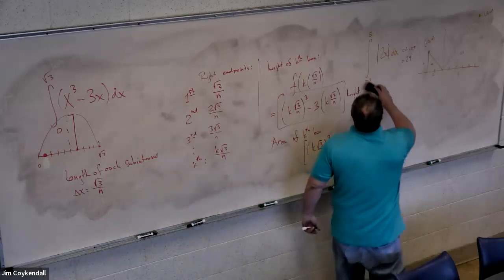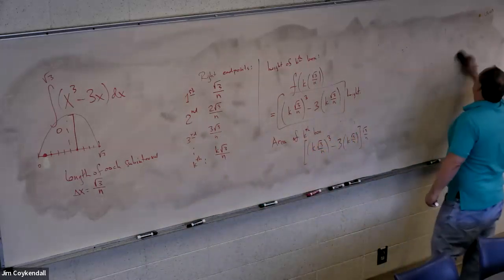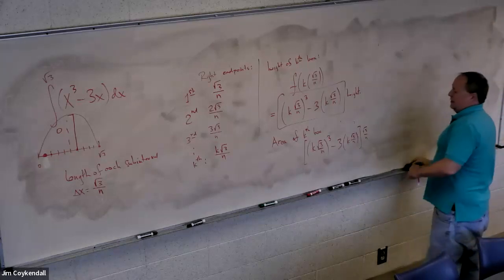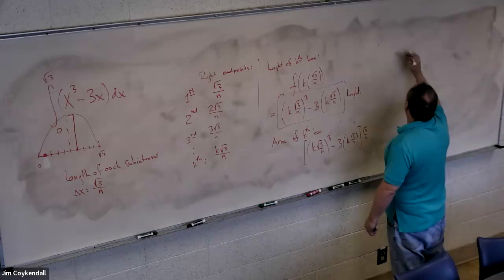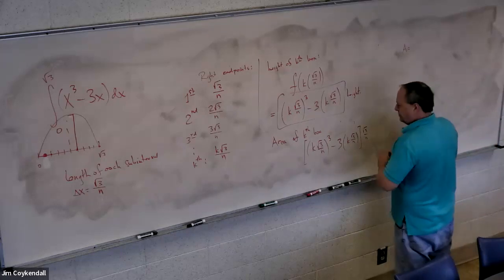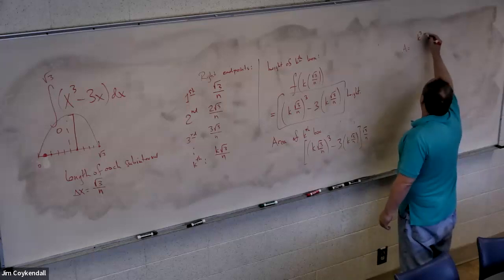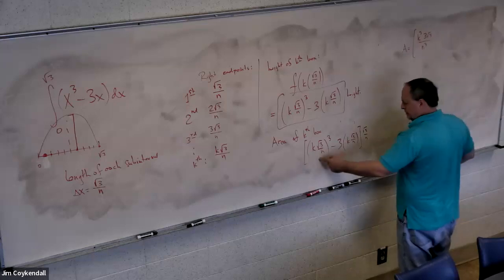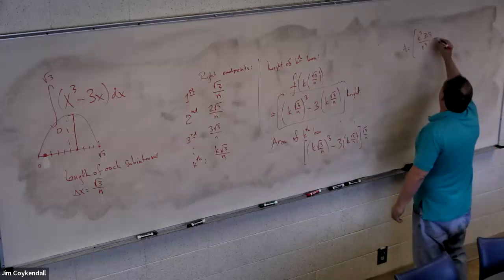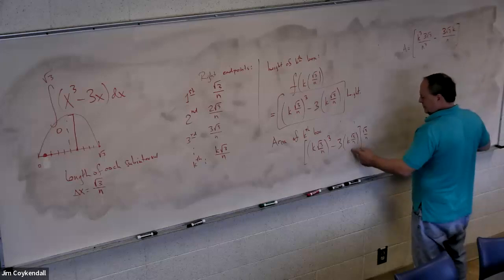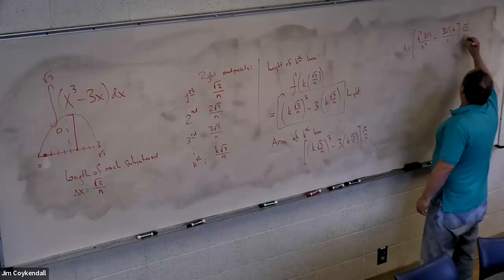so there's your area. Actually, I'm going to bother to clean this up. Let me clean this area up. If I cube this, I get k cubed 3 radical 3 over n cubed minus 3 radical 3 k over n, times radical 3.